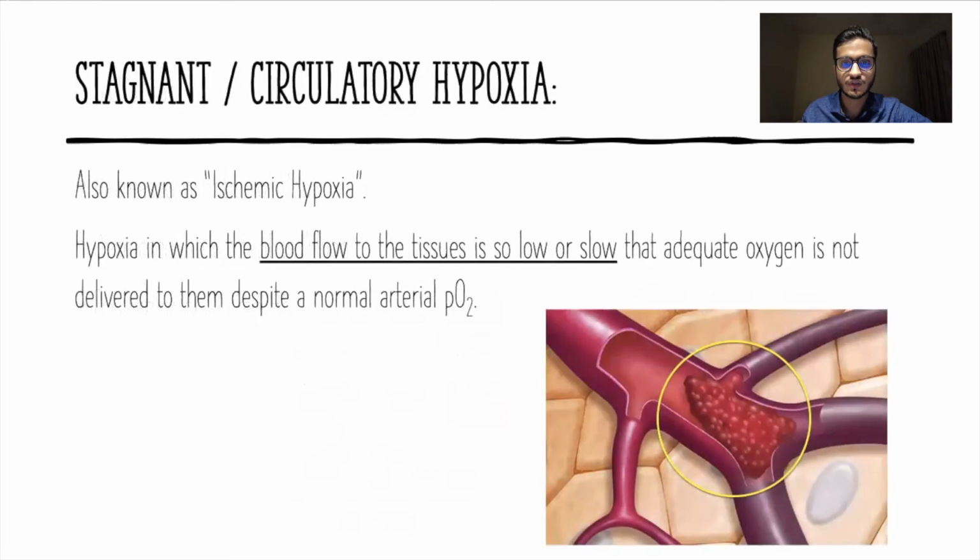Talking about stagnant or circulatory hypoxia, it is also known as ischemic hypoxia. It is a condition in which the blood flow to the tissue is either low or slow, in spite of arterial PO2 being normal.